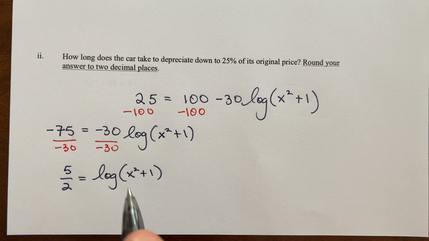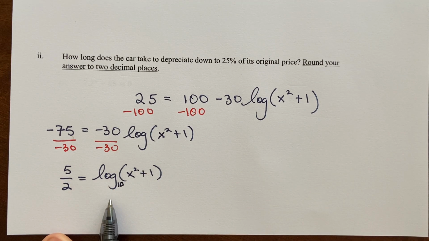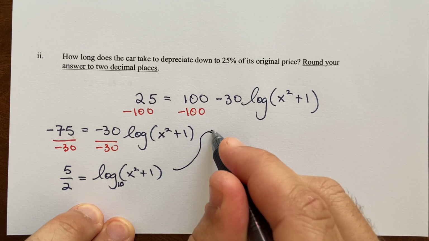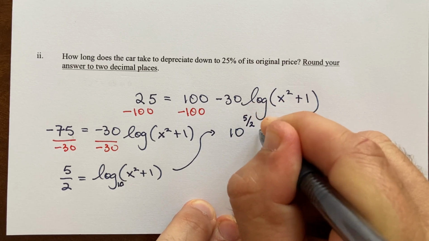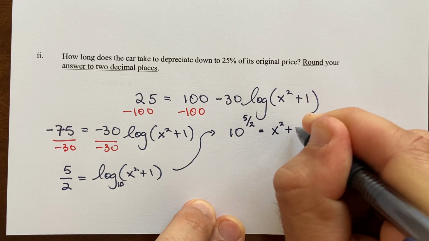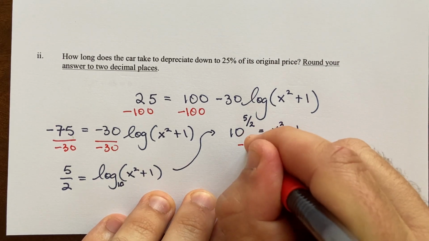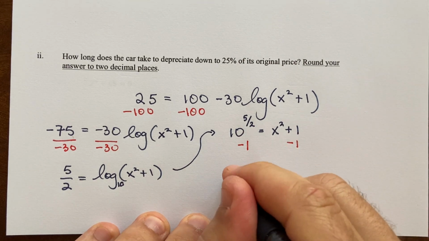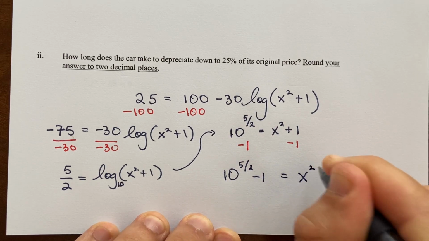So by the way, if it's not written and it says log and not ln, then this is a base 10 logarithm. So if I convert this to exponential, I would say 10 to the 5/2 equals x squared plus 1. Right? Solving for x, I'll go ahead and subtract 1. So 10 to the 5/2 minus 1 equals x squared.